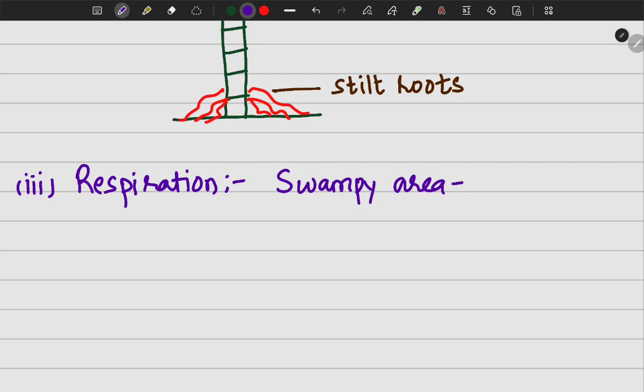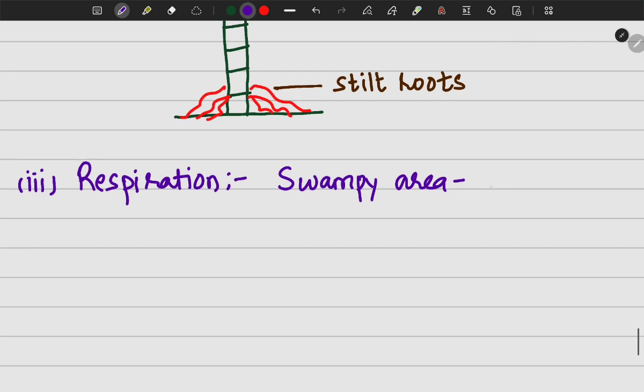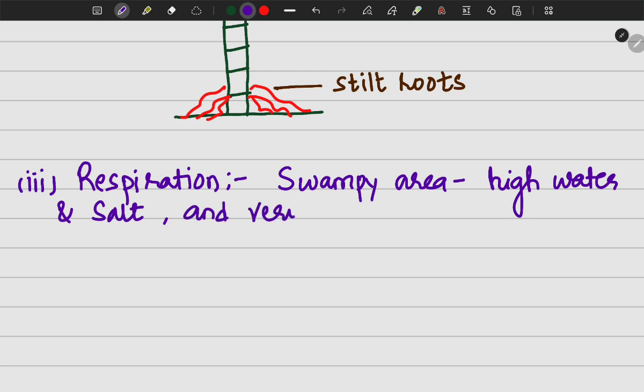Swampy areas are areas where the soil has high water and salt content in them, and very low oxygen. So the oxygen levels are very low in the soil, and the water and salt content is very high.